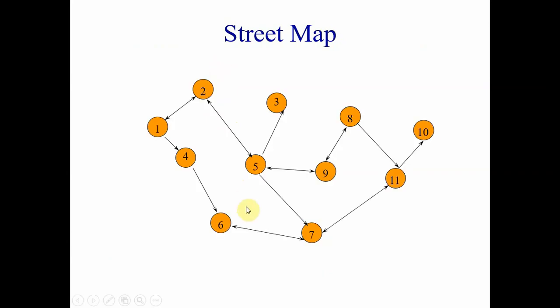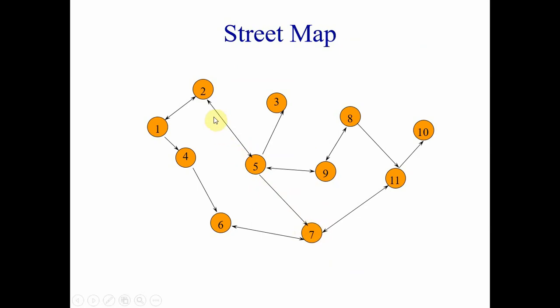A street map is also okay. For this, we can consider that some roads may not be bidirectional. There are some roads that allow one-way traffic only. In this case, if it allows only one-way travel, you can use an arrow with a single head.